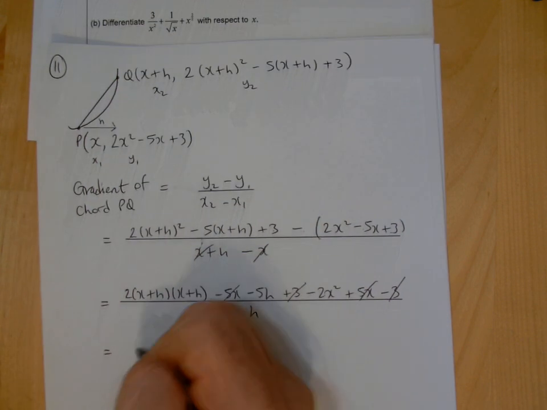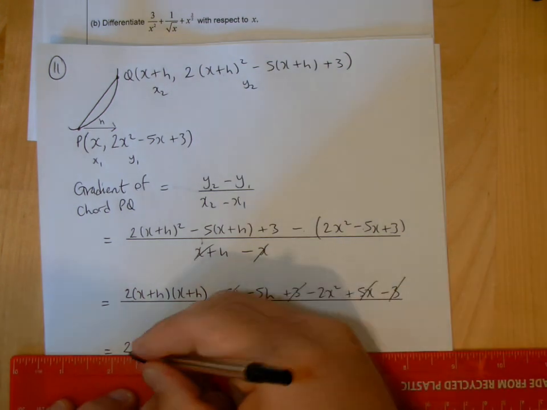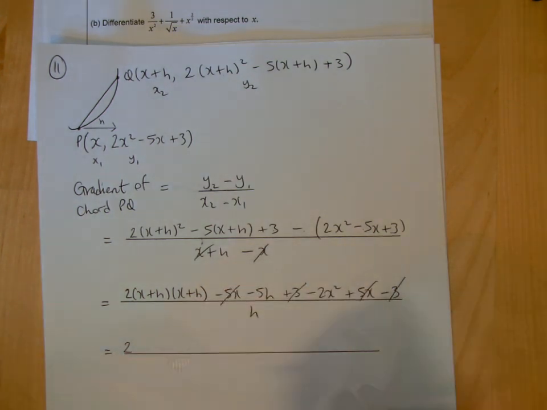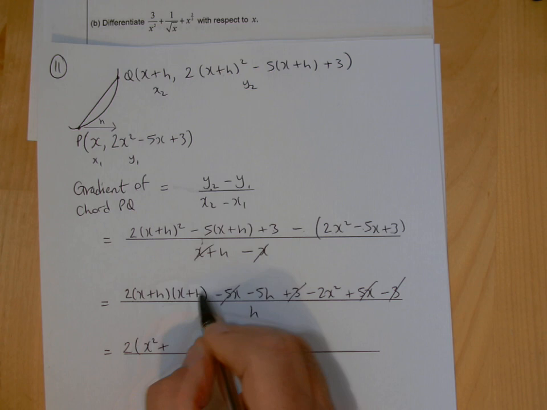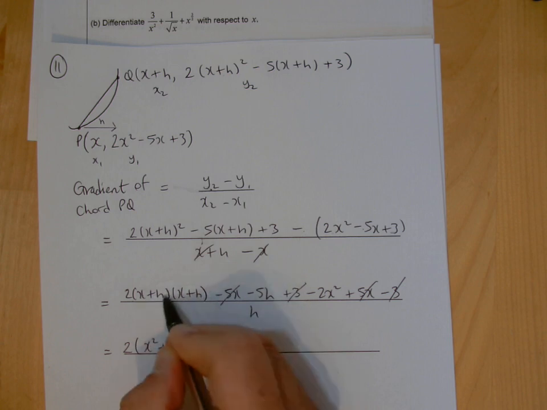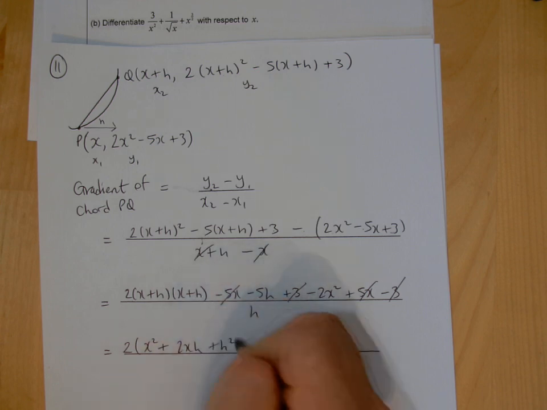So let's then expand this here. Now I'll keep perhaps the 2 outside for a minute. Okay, but I'll expand the pair of brackets here. So I'll do first is x squared. Outers will be xh, inners will also be, well, hx or xh as well. So you've got 2 lots of xh, and last then will be h squared.